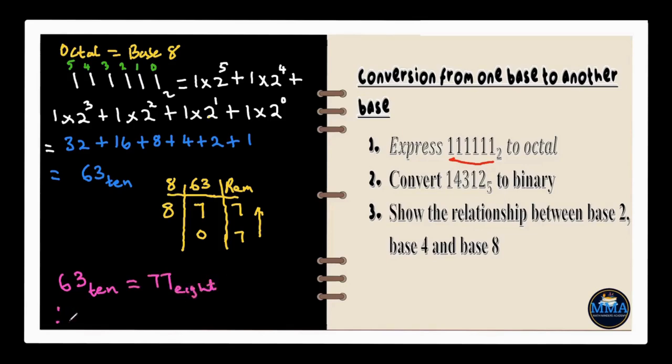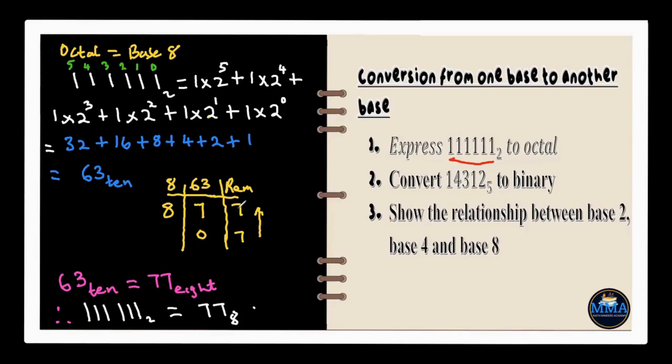So therefore, the number we are asked to convert, 111111 base 2, is equivalent to 77 base 8. And that's the final result.